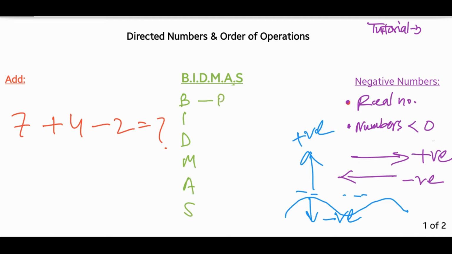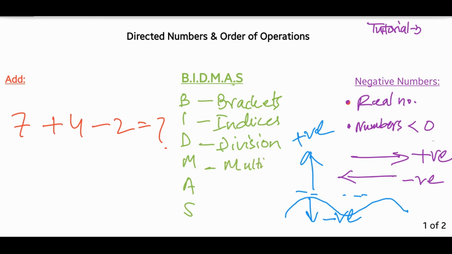B stands for brackets. Whenever you have a bracket, you have to open that one first, and then I stands for indices. Indices means powers or superscripts. Then D for division, M for multiplication, A for addition, and S for subtraction.